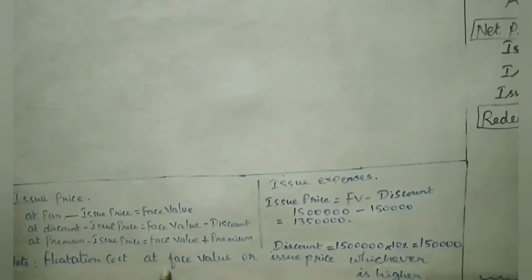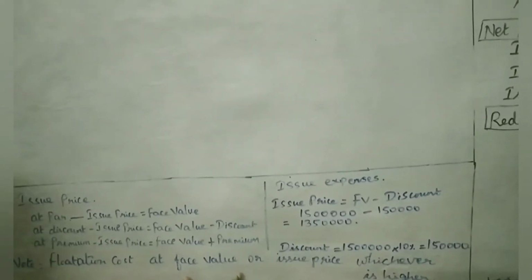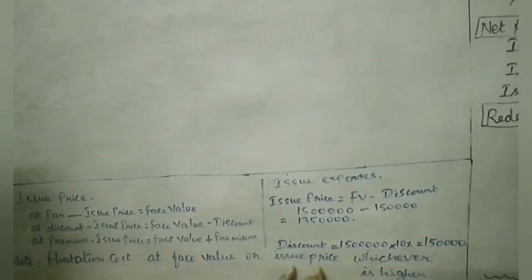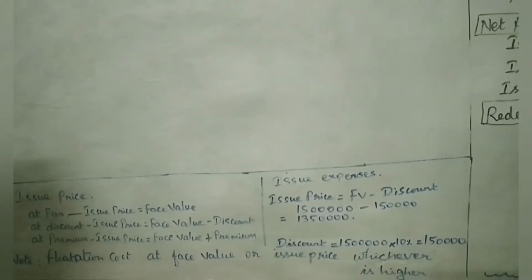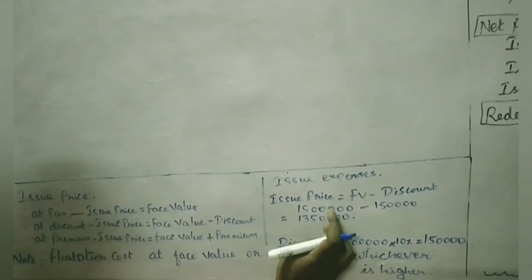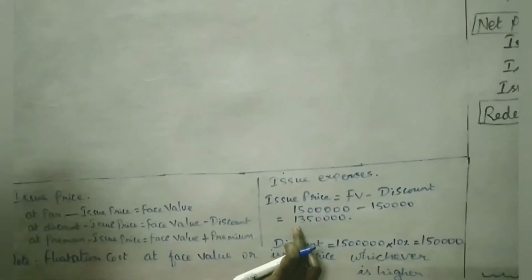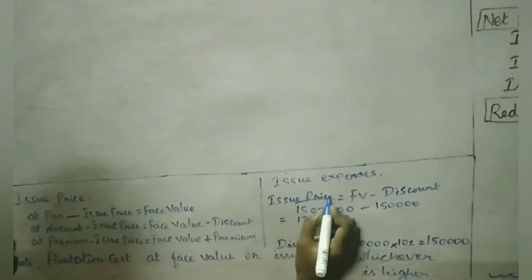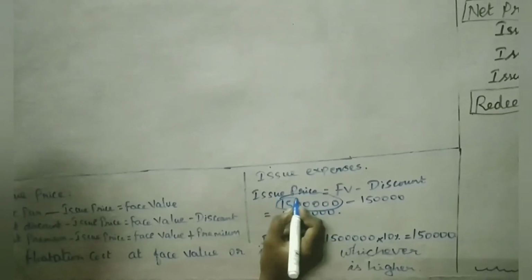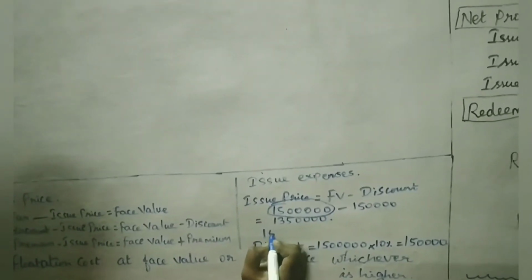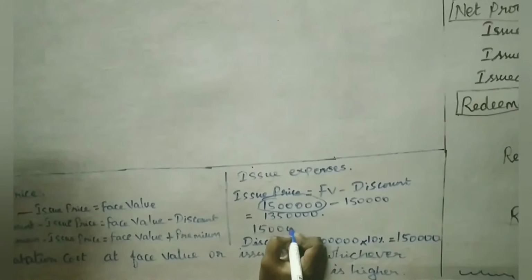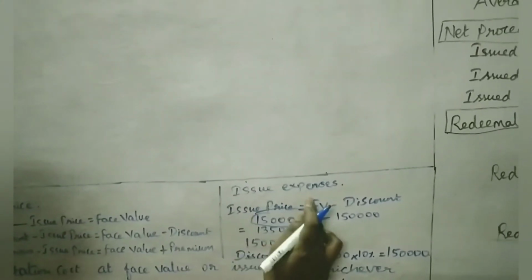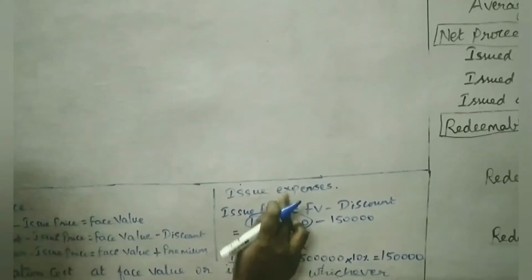See the rules for issue expenses. Face value or issue price, whichever is higher. Face value is 15 lakhs. Issue price is 13,50,000. In this case, the face value is higher. So, use the face value to calculate the issue expenses.